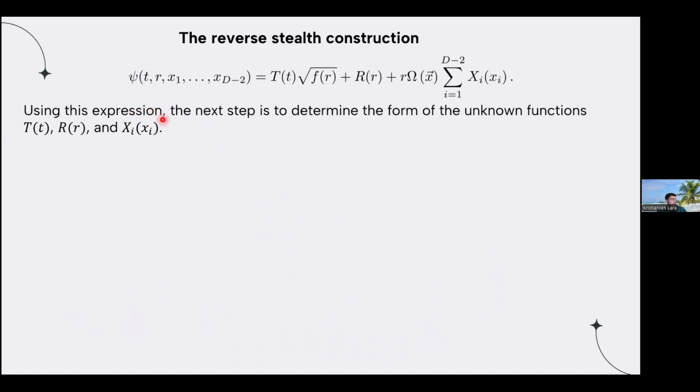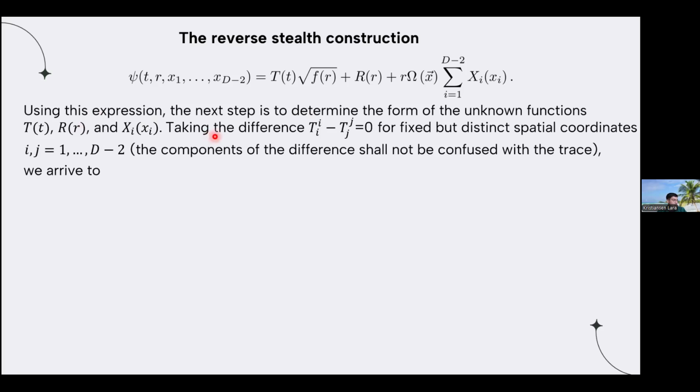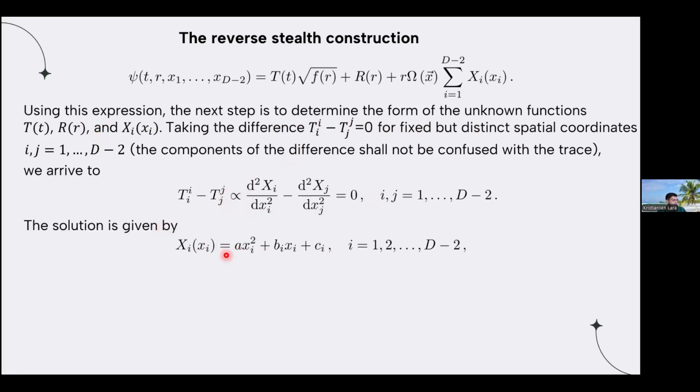So using this expression, the next step is to determine the form of the unknown functions T, R, and Ξ. Taking the difference between the transverse sector for fixed but distinct spatial coordinates, we arrive at the following differential equation that is easily solved to this expression that you can see here, where A, B, and C are integration constants.